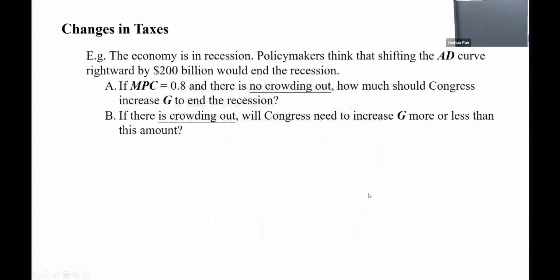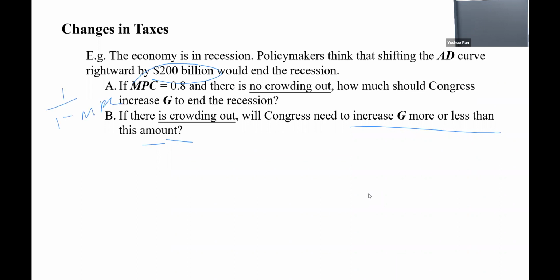Think about this question. If there is no crowding out effect, then that's what we have solved before. Just use the initial amount times the multiplier. So in that way, we need to calculate the multiplier first, which equals 1 divided by 1 minus MPC.